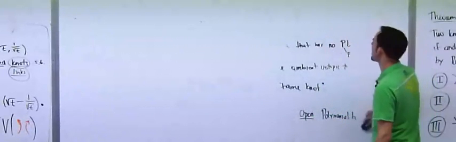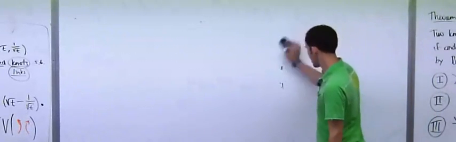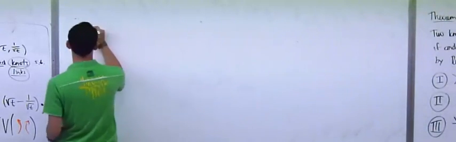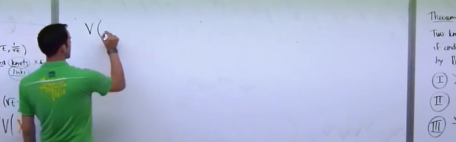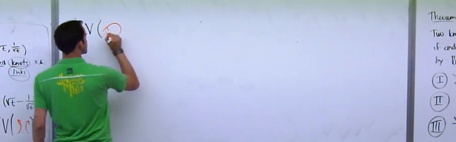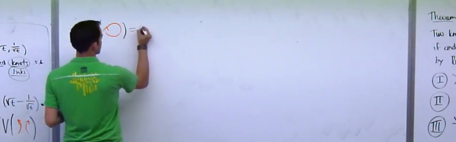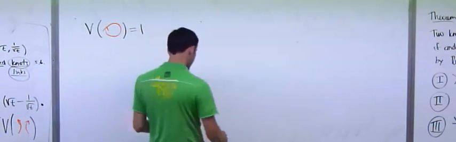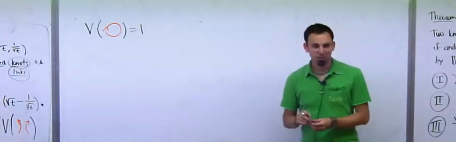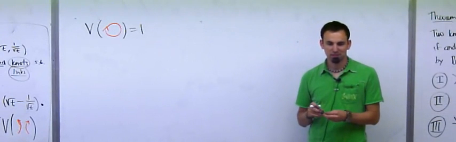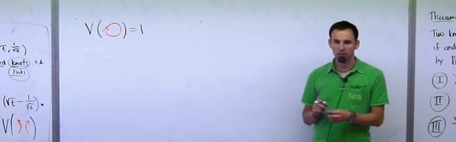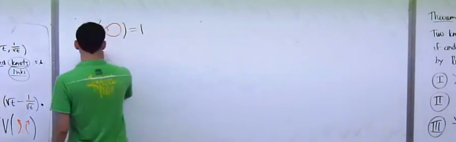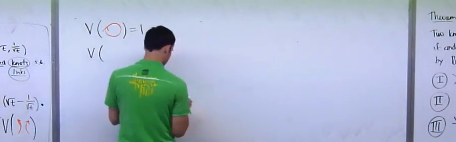Well, the simplest is the unknot, and we don't have to do anything there. V of this knot is 1. It's not so interesting. What's the next simplest knot that you can think of? A figure 8. No, that's a good point. So how do you compute this?